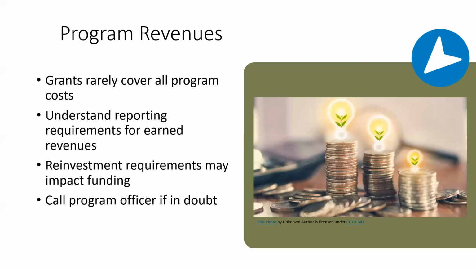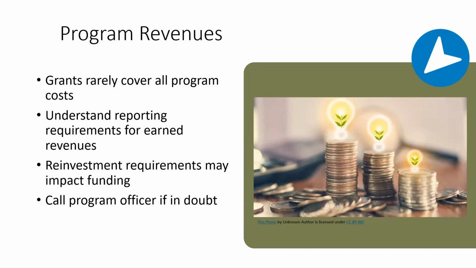We've talked about costs so far throughout the project, throughout the proposal. This slide is really talking about program revenues. So oftentimes when you are doing something, particularly if it's a program that contains workshops or some kind of fees for services. Say you're doing a nutrition workshop for low-income folks, and you find out that they don't show up if you offer it free.